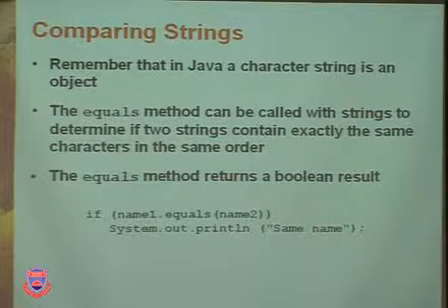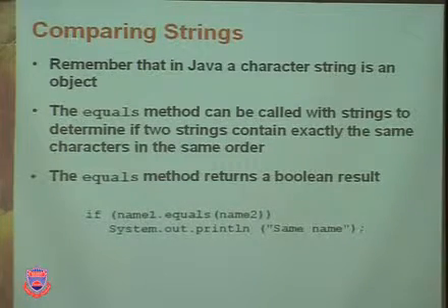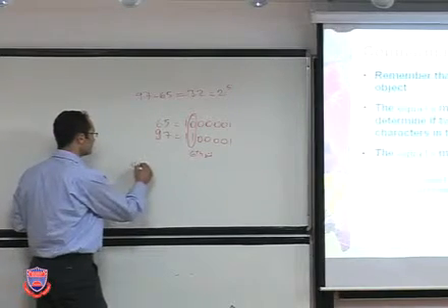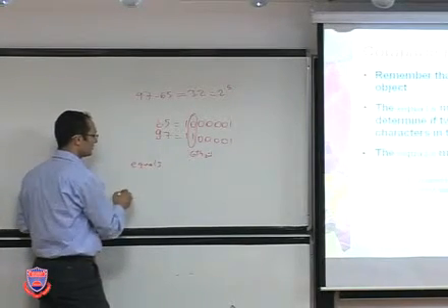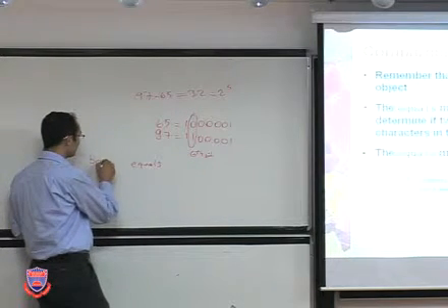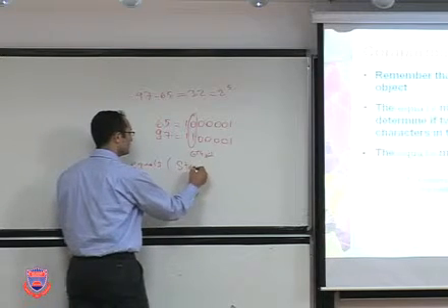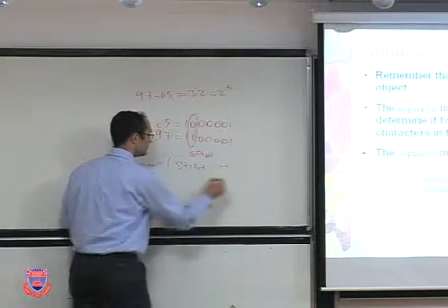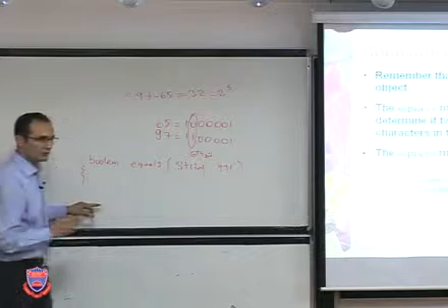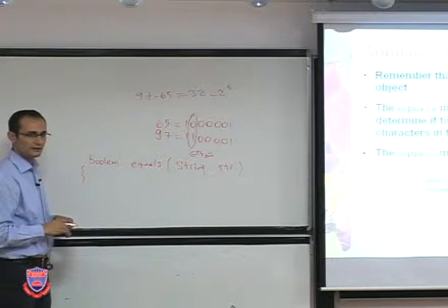If you want to implement this by yourself, I ask you to write an equals method for a string. It is going to return a Boolean value, right? Boolean equals and then string str. How am I going to implement it internally, if you think about that?